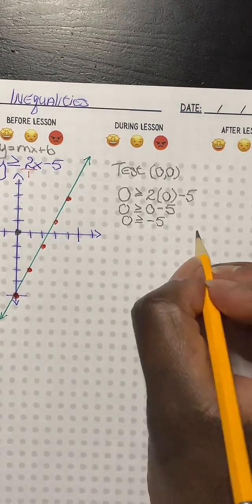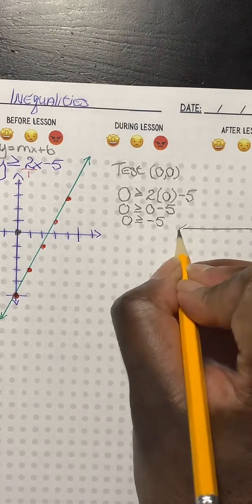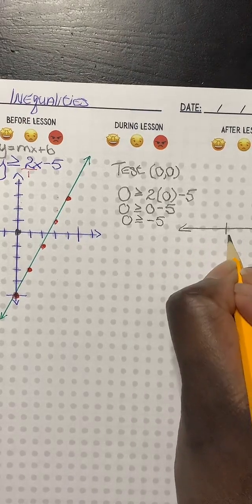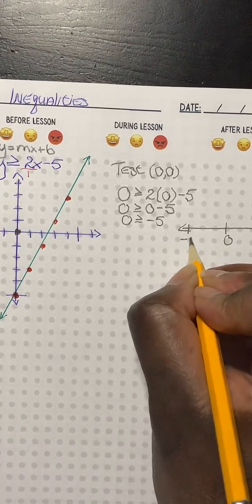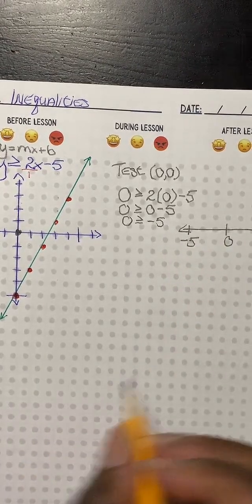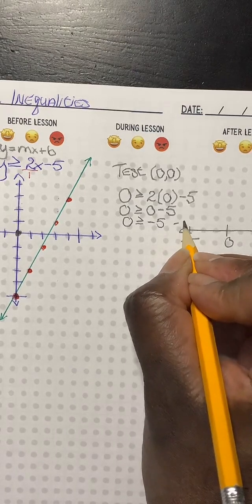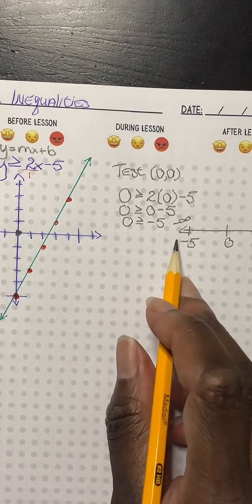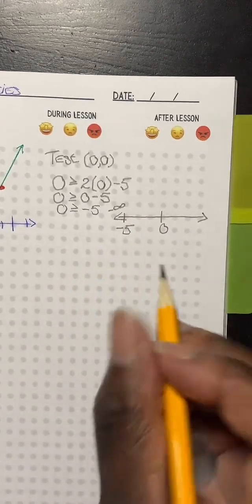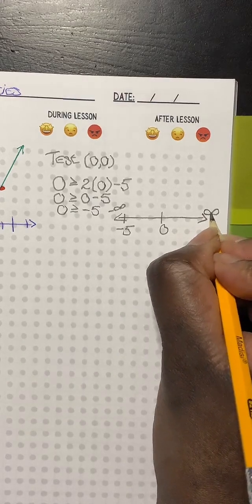The only way you can tell is go back to the number line. Okay, so say 0 is here. -5 will be on the left-hand side. We all know when you go to the left, you're going all the way to negative infinity. So this is where your lower numbers are. If you go to the right, you're going to positive infinity.